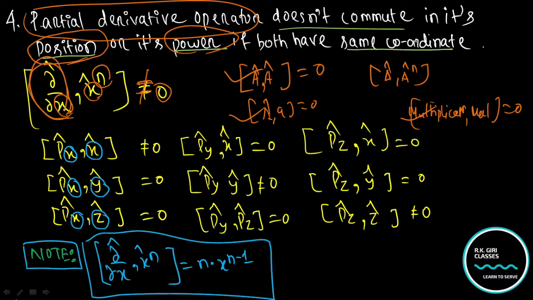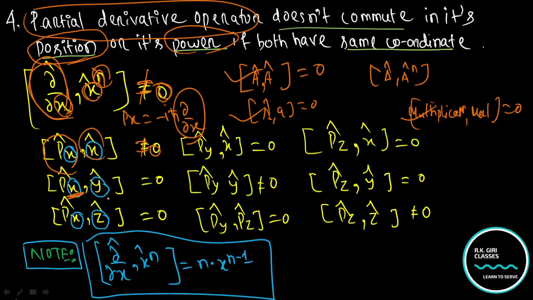When you have the same coordinate in the position and the partial derivative, or a power of this position, the value will not be 0. That means if you have px represented like this, minus i h cut del by del x, there is a partial derivative del by del x, and this is x, the value will not be 0.